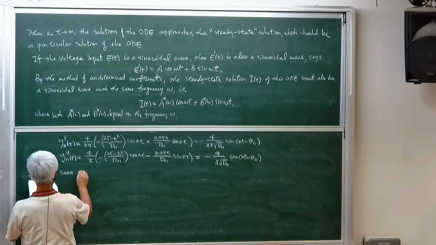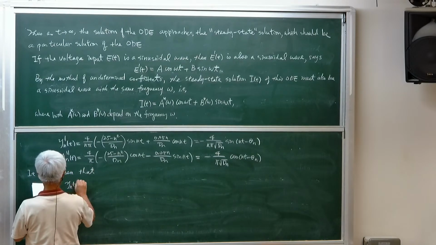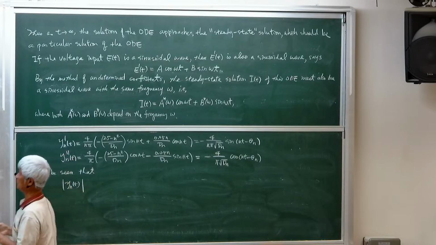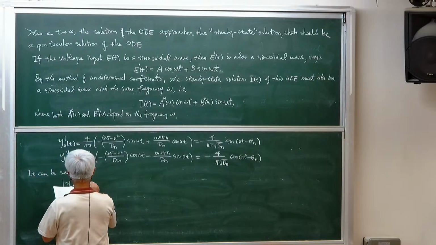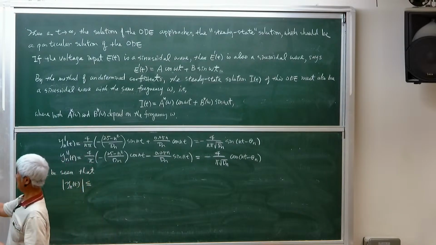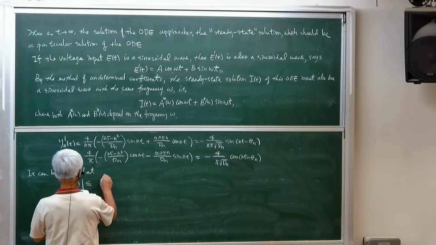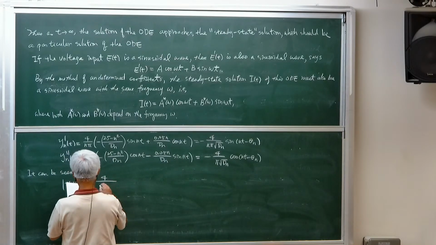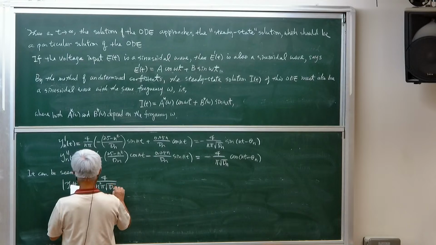It can be seen that, first of all, the absolute value of y_n(t) has an upper bound, because the cosine function is bounded by 1, so that we have 4 over n squared pi square root of D_n.